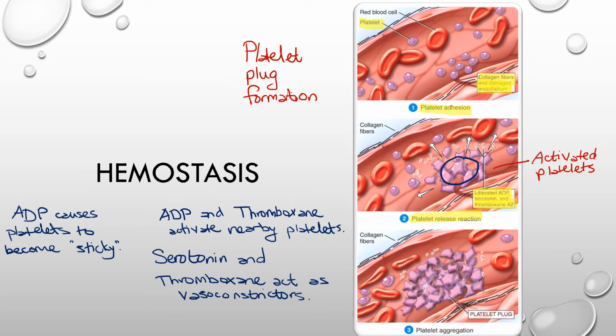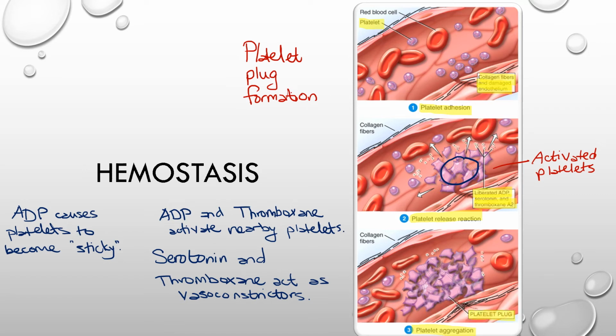This stickiness of the newly recruited and activated platelets causes them to adhere to the originally activated platelets. So we get this gathering of platelets that's called platelet aggregation. And eventually the accumulation and attachment of a large number of platelets forms this mass that we call a platelet plug.